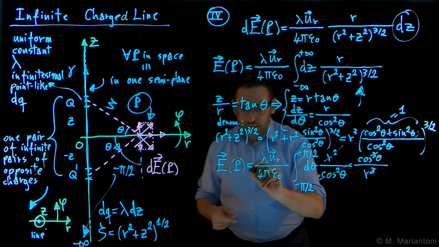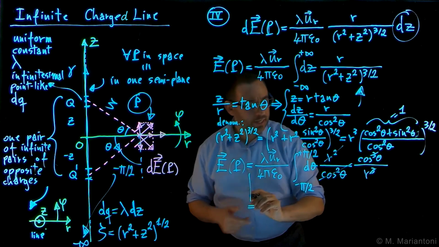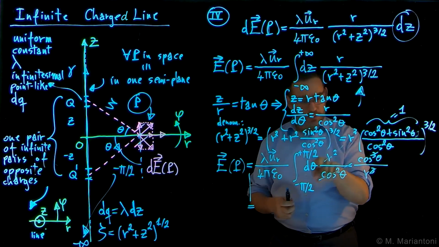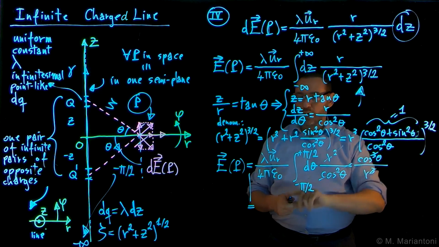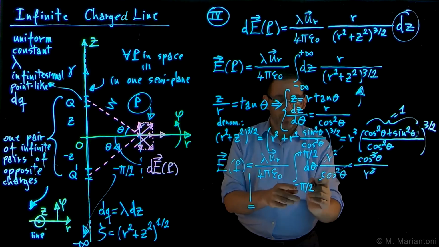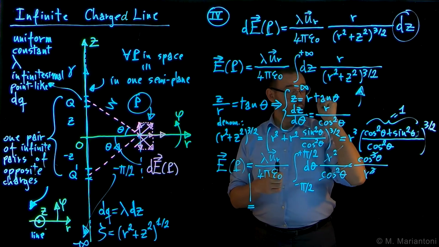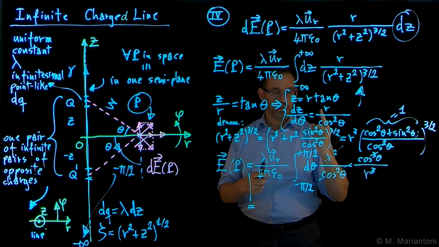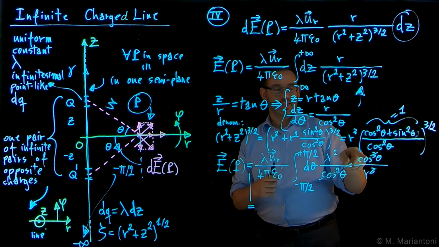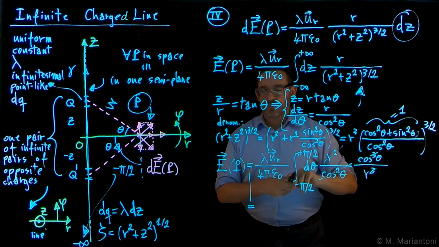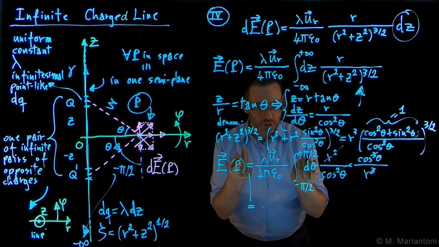And so, at the end of the day, what we obtain is the integral in d theta of the cosine times 1 over r. The integral of the cosine from minus to plus pi half is simply 2, because it's the sine, which gives me a 2. So 2 divided by 4 is 1/2.